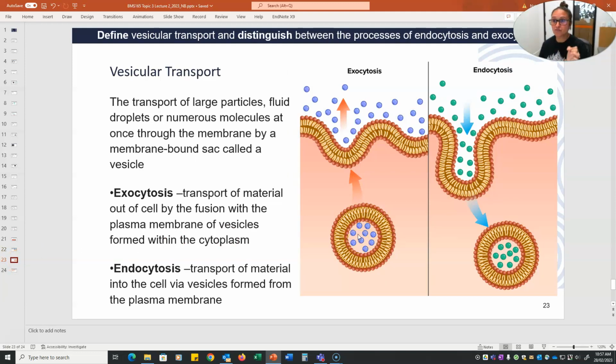This is how we move lots of stuff at once. We just package it up and off it goes into the plasma membrane, or the plasma membrane makes a little bubble and we just grab the stuff from the outside and then it pinches off and it goes into our cells. When you look at these vesicles, it's just like when you blow a bubble under the water.